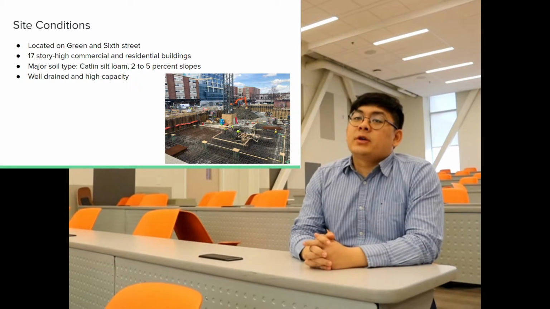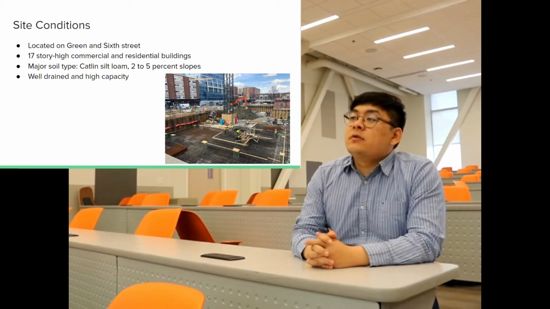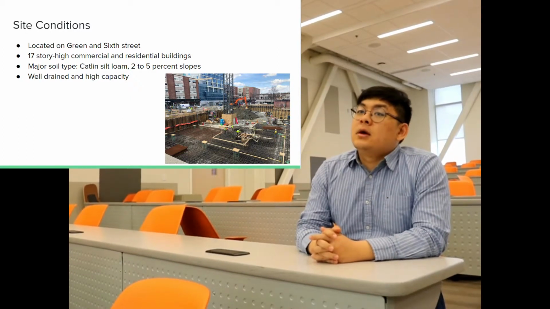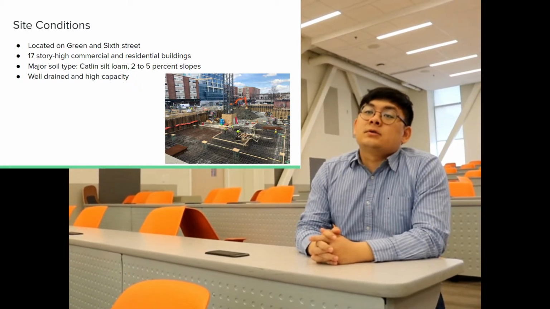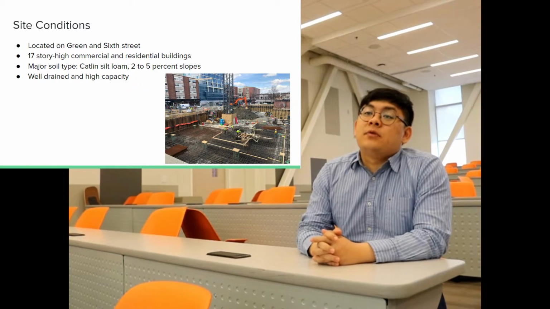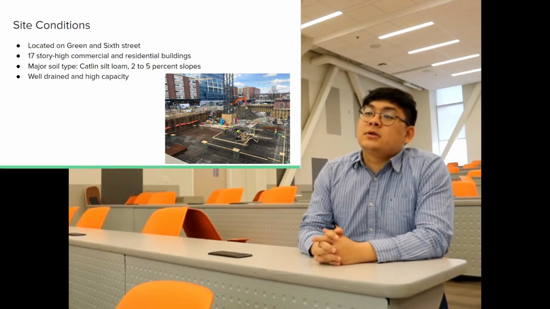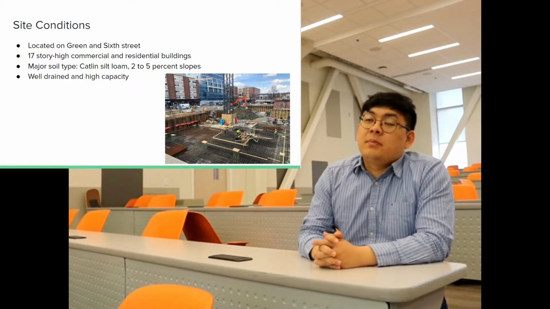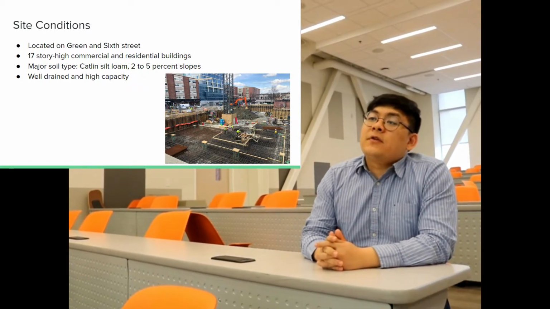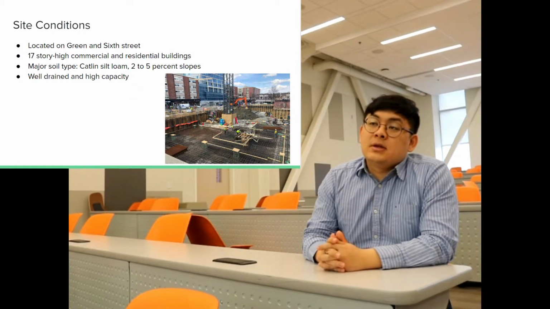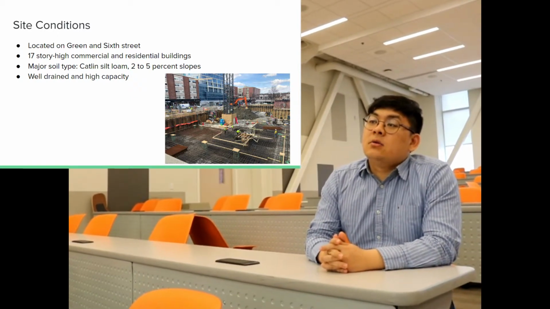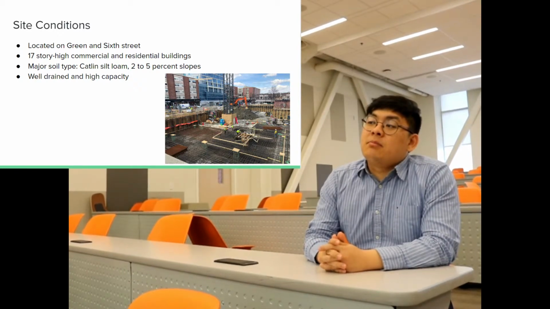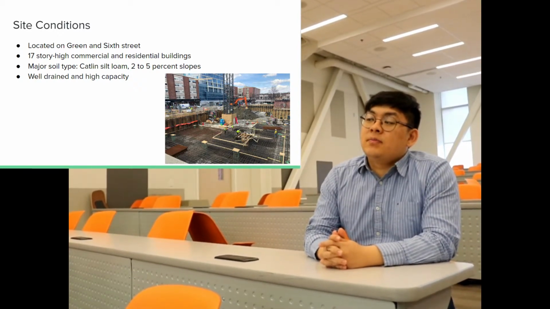According to the project planning, the first 2 floors of the building will be a Target center, and the construction site has put fences around the construction area, as can be seen in the picture. The traffic flow on both 6th and Green Street has been only slightly affected, but has not been completely blocked by the construction activities.